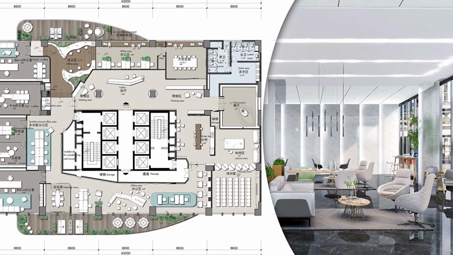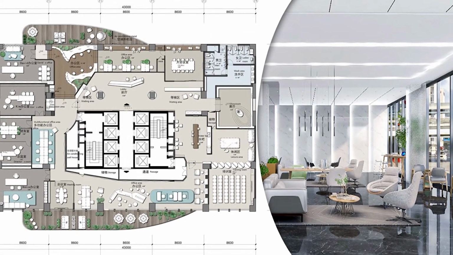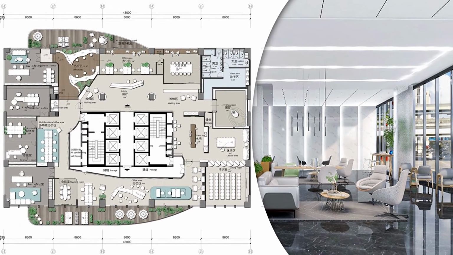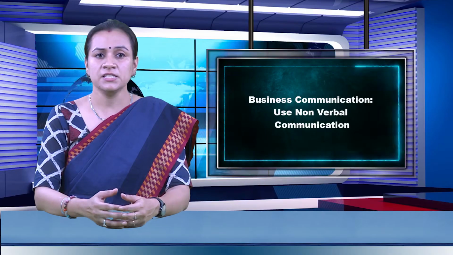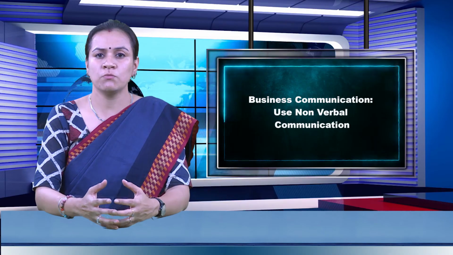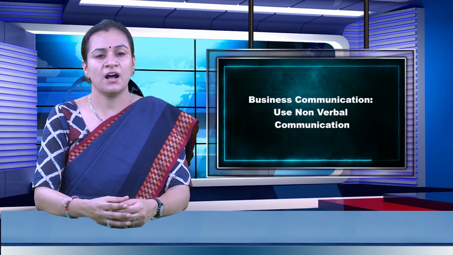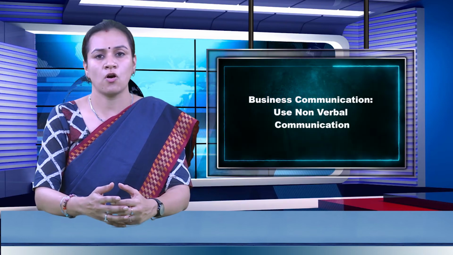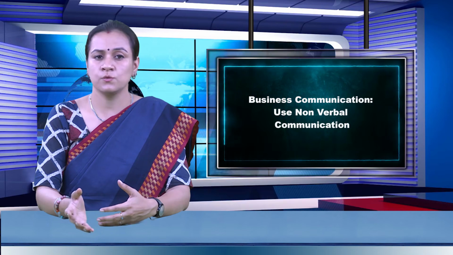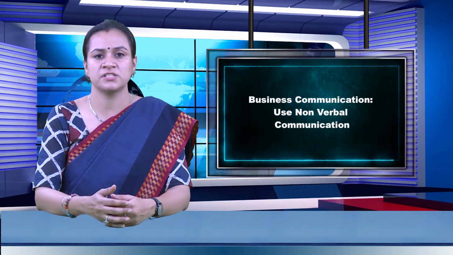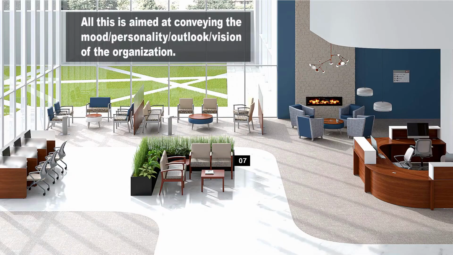The layout of a lobby or dining hall, conference room, reception desk, etc. It is for this very reason that so much attention is being paid to the architecture and furnishing of offices, hotels, and houses of executives in modern times. All this is aimed at conveying the mood, personality, outlook and vision of the organization.